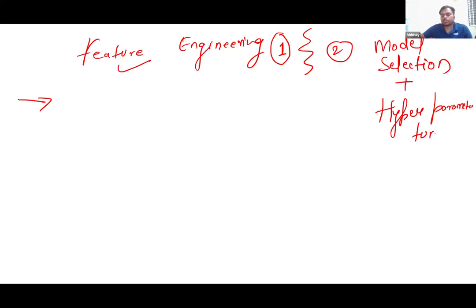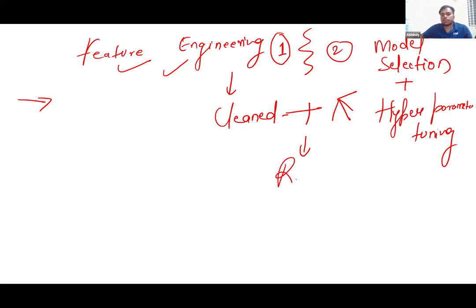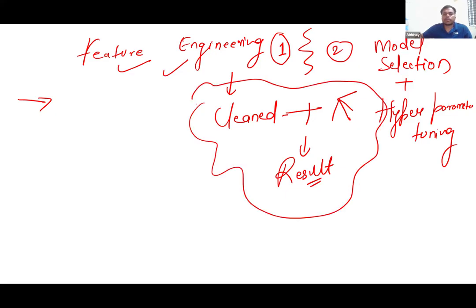Once you have done feature engineering, or pre-processing of your raw data and converted it into clean data, you can apply different algorithms, do the hyperparameter tuning, and at last finally predict the result.